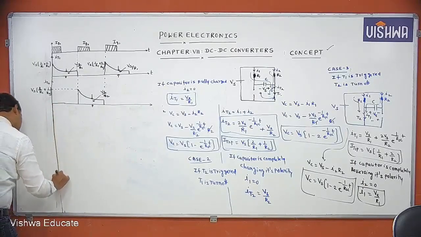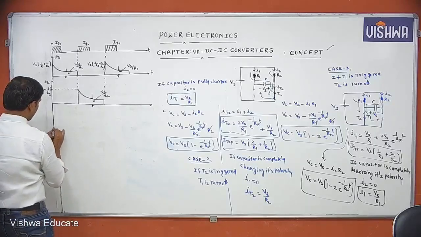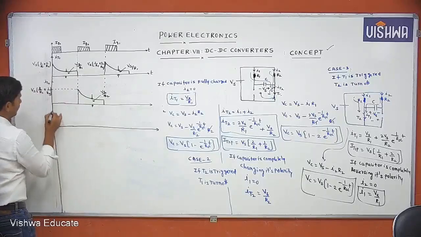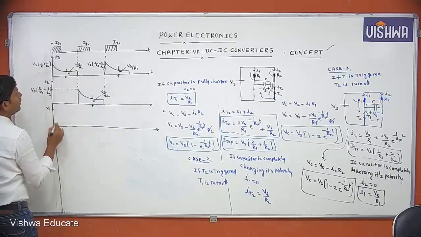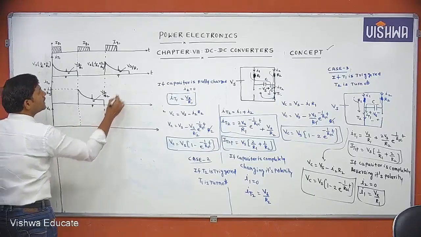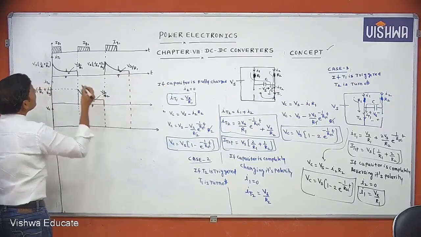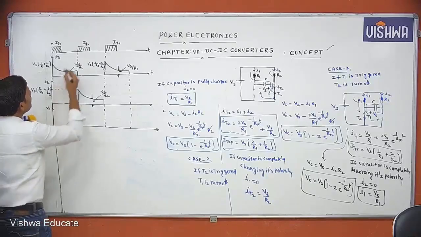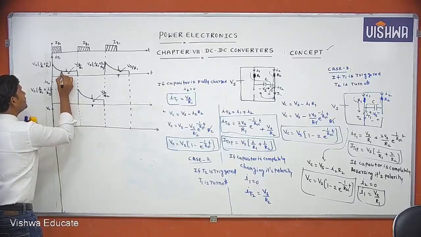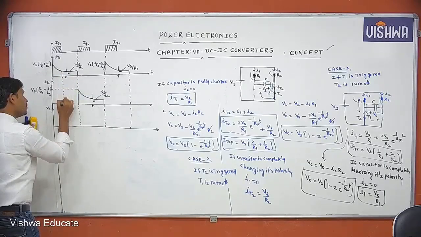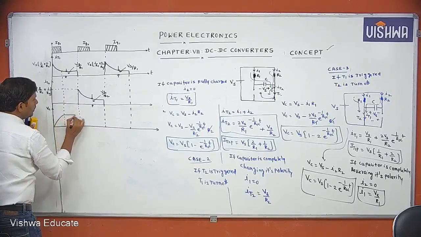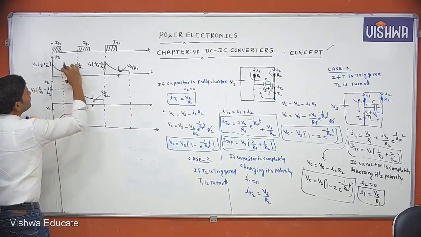Then how to draw the voltage across the capacitor? I am drawing the Vc waveform first. If T1 is triggered, slowly the capacitor charges to a voltage of Vs. Once it is completely charged, the only current is Vs by R1.